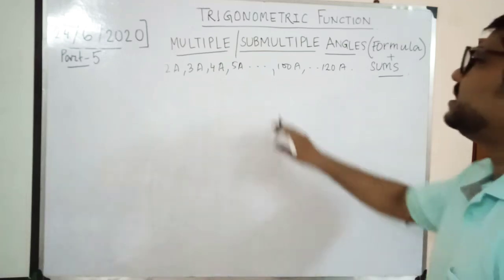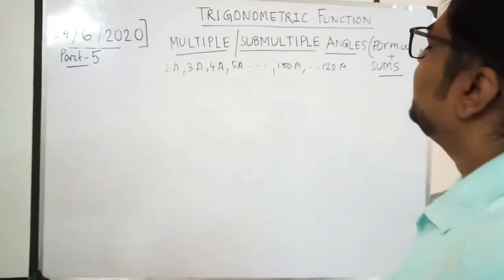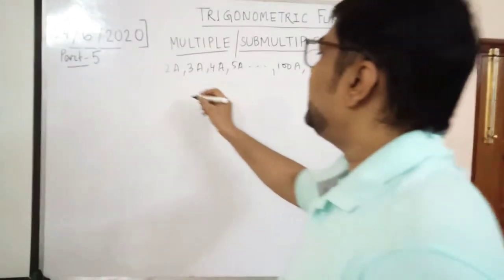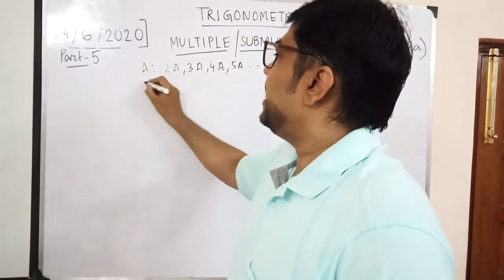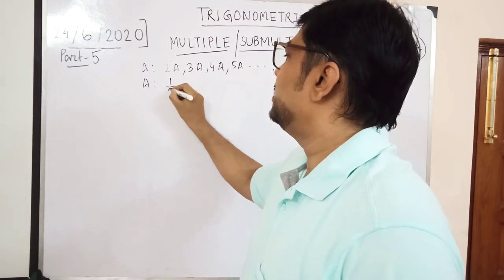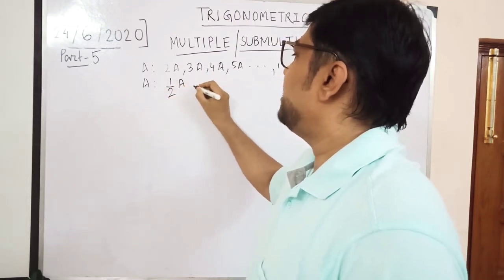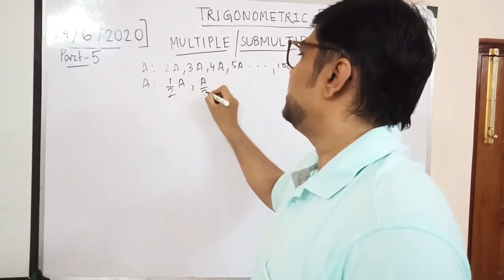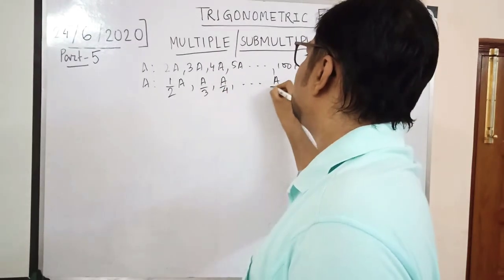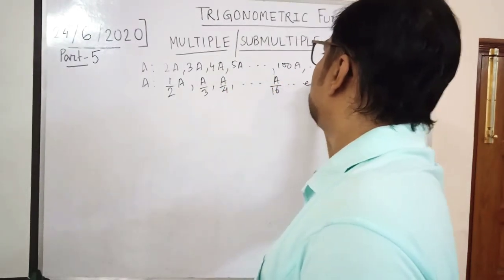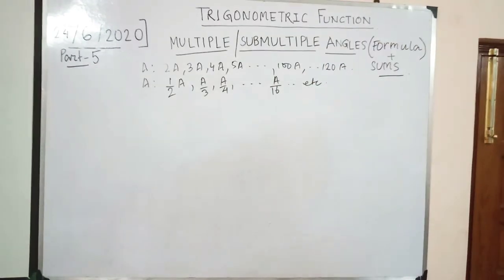So this creates the multiple angles, and similarly the submultiple angles are related to fractions. From A, if you write A by 2 or A by 3 or A by 4, say A by 16, etc., these are the related submultiple angles.